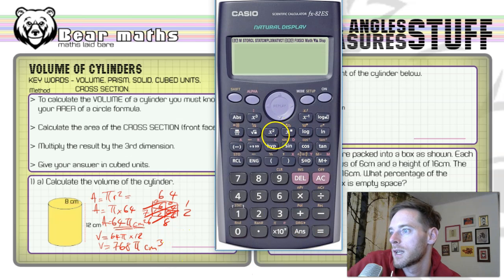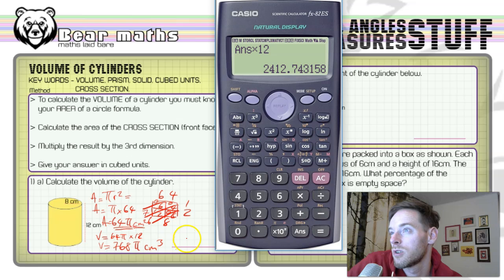But I'll just whiz through on the calculator and show you that's what it actually will give you. So pi multiplied by 8 squared equals 64 pi. 64 pi multiplied by 12. It always loves 11, doesn't it? 768 pi. If we had to round it to a decimal, we'd click the S to D button and get this number here.